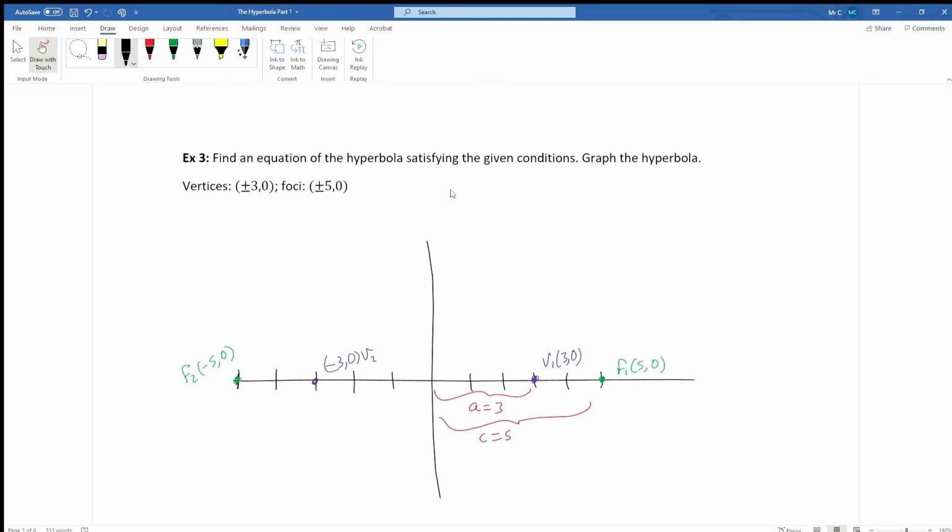And so C squared equals A squared plus B squared tells me that 25 equals 9 plus B squared. That means B squared is 16, and therefore B is 4. So that tells me if I want to plot the other endpoints of the fundamental rectangle, I just need to go out 4 in each direction from my center.